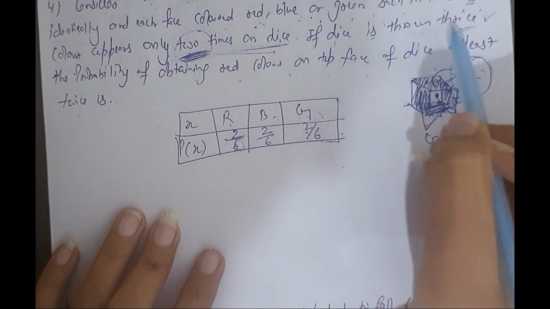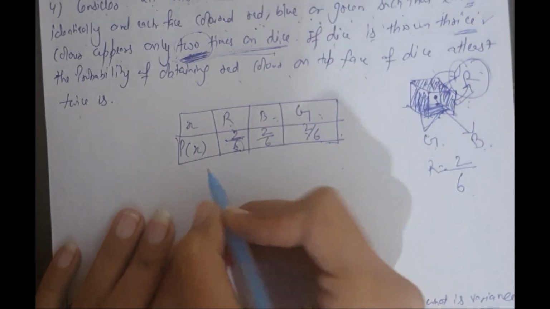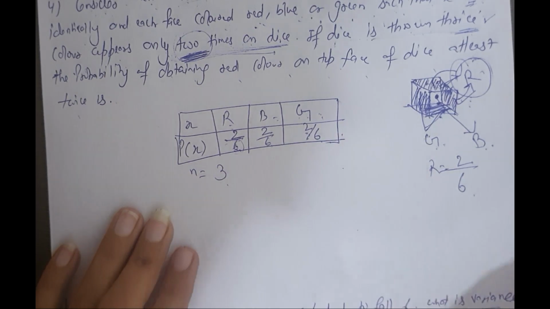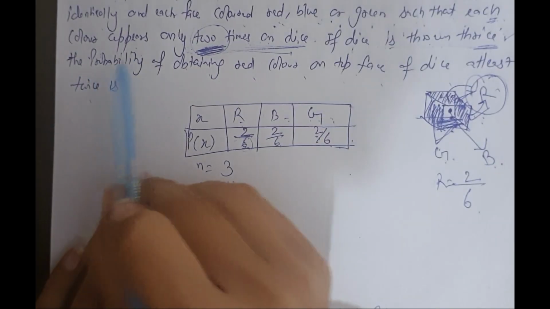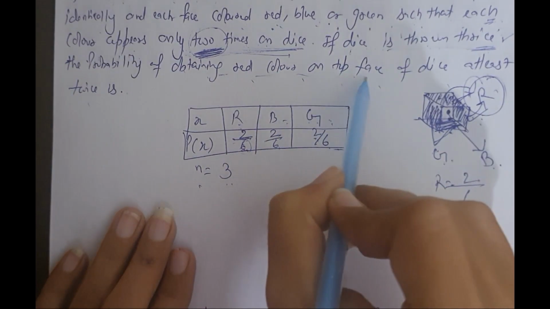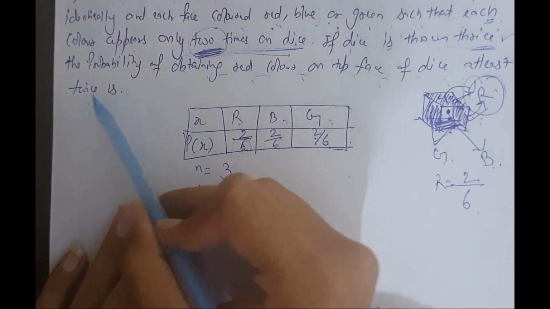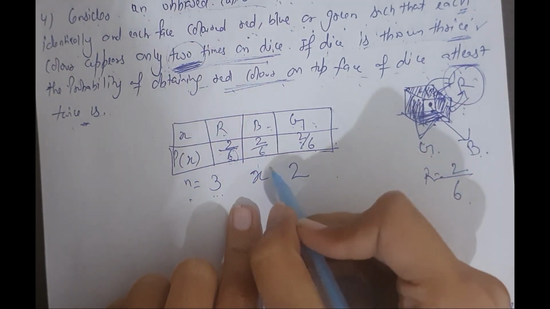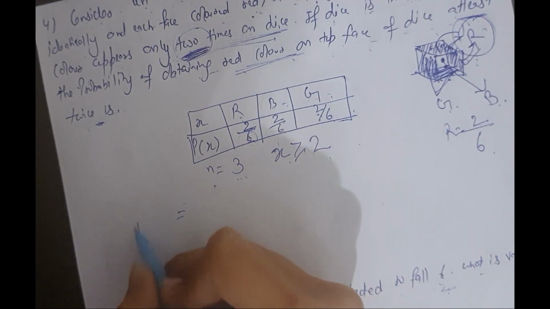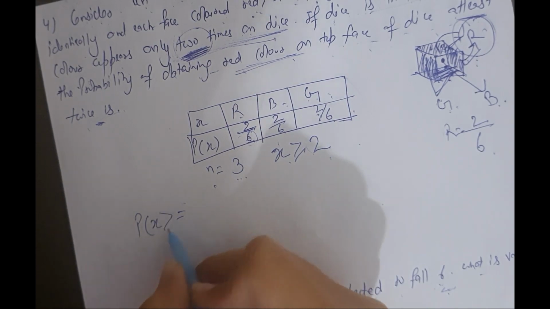So if the dice is thrown thrice, it means that N is 3 because we are throwing the dice 3 times. The probability of obtaining red color on the top face of a dice at least twice means that X can be greater than or equal to 2. So how can we find its probability?